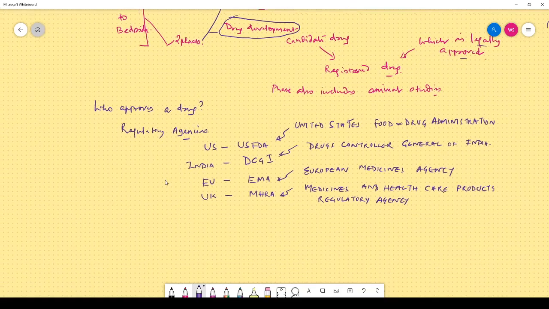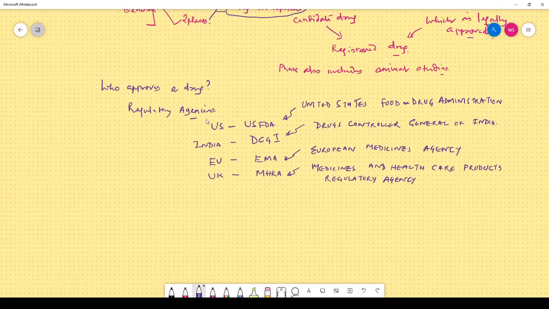Okay. And other countries have got similar regulatory agencies. Okay, so they lay down regulations for the drugs which are to be dispensed in their own respective jurisdictions.